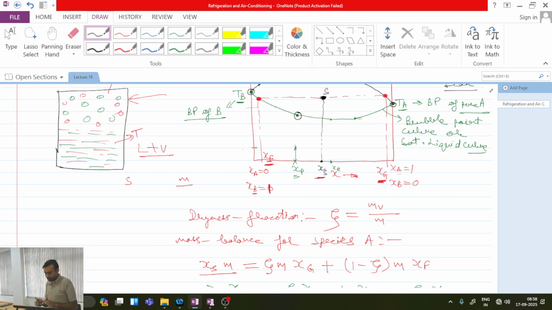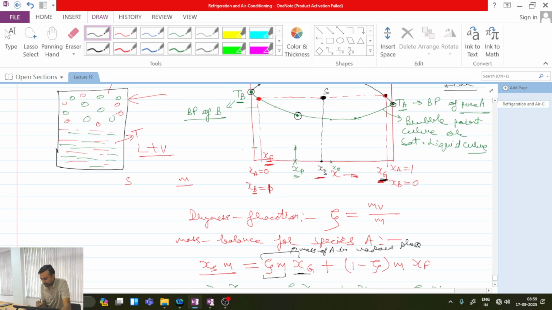First let us talk about the total vapor mass. What will be the total vapor mass? Zeta into M, because the definition of zeta is mv by m. So zeta into M will be the total vapor mass, and this vapor mass has composition Xg. So if I multiply Xg over here, it represents the mass of A in the vapor phase. Is this point clear? And what will be the liquid mass?